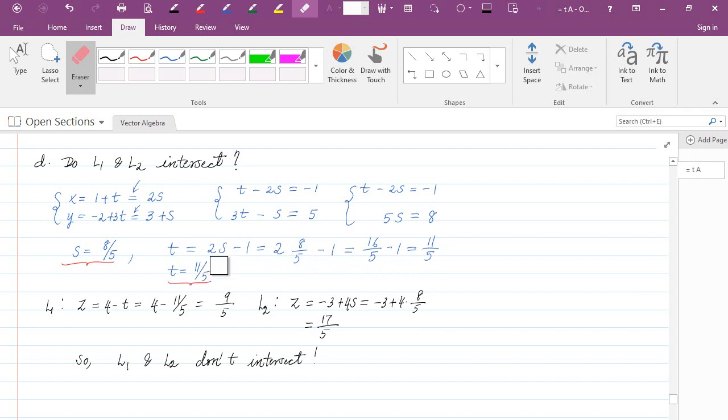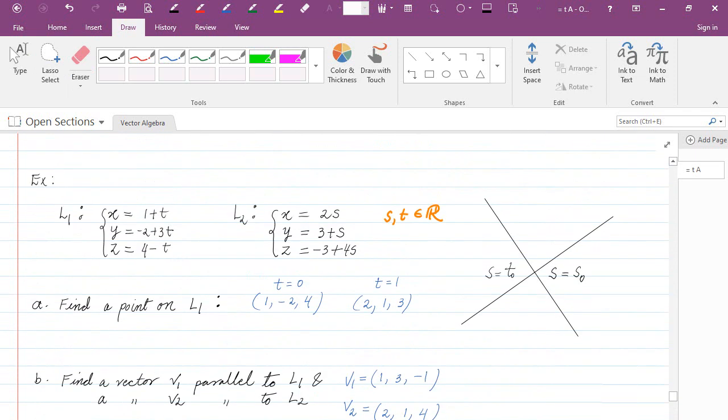So we see that when s is 8/5 and t is 11/5, then the x and y coordinates of the two lines match. We still have to check whether the z coordinates match.